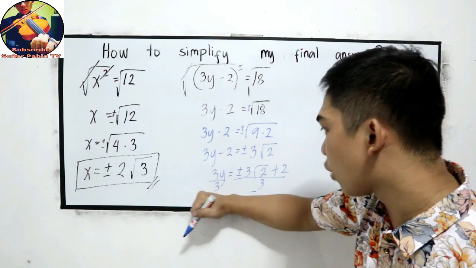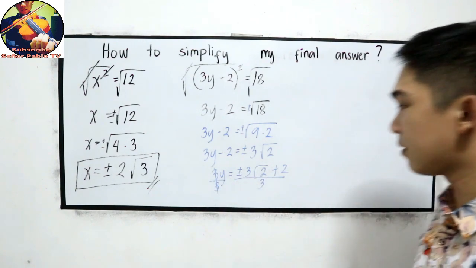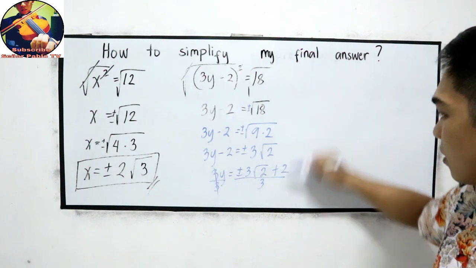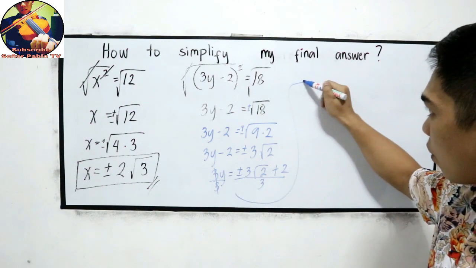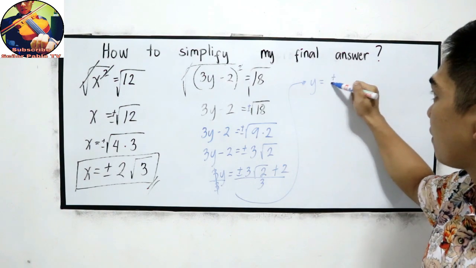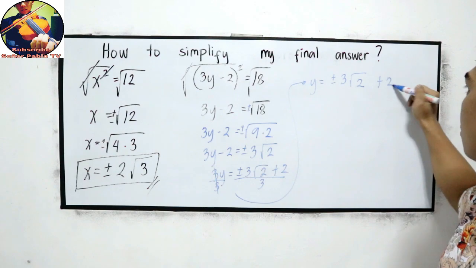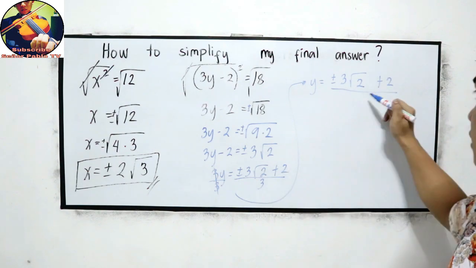Okay, let us solve one by one. So we will cancel 3 here. The remaining is y is equal to positive negative 3 square root of 2 plus 2, all over 3.